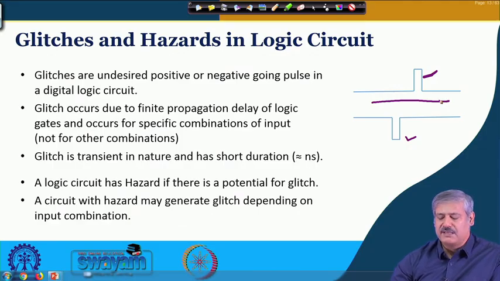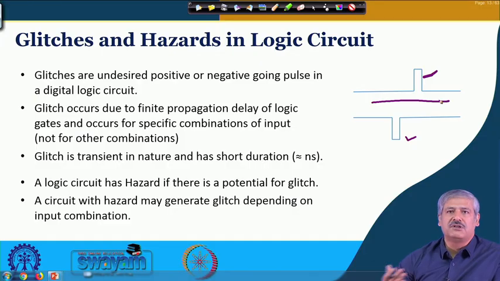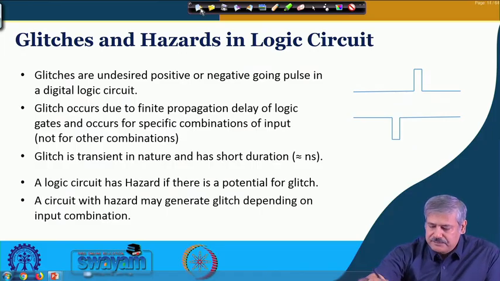A logic circuit has a hazard if there is a potential for a glitch. A hazard-free circuit has no such potential; there is no input change for which a glitch will occur. A circuit with a hazard may generate a glitch if those specific input conditions or the pattern is presented. So we take note of this, and then we shall look into examples.